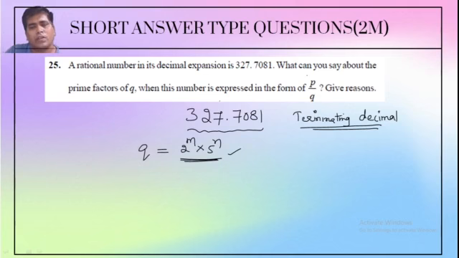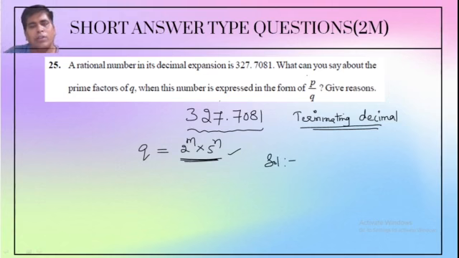So the reason is that it is a terminating decimal. That's why the denominator is definitely in the form of 2 power m and 5 power n. We can solve this and recheck it as the solution.